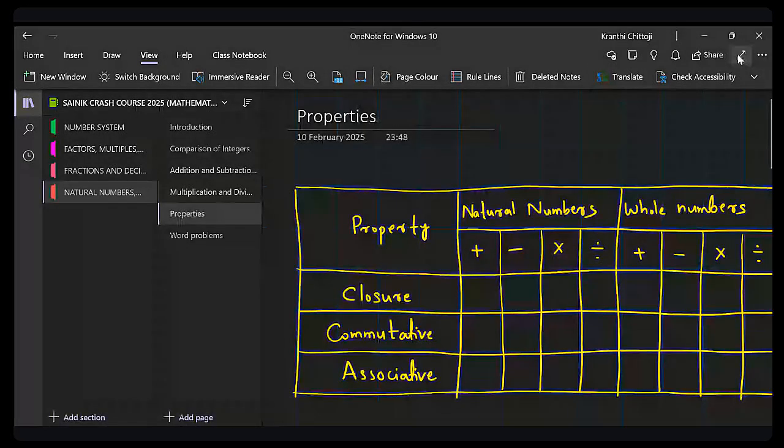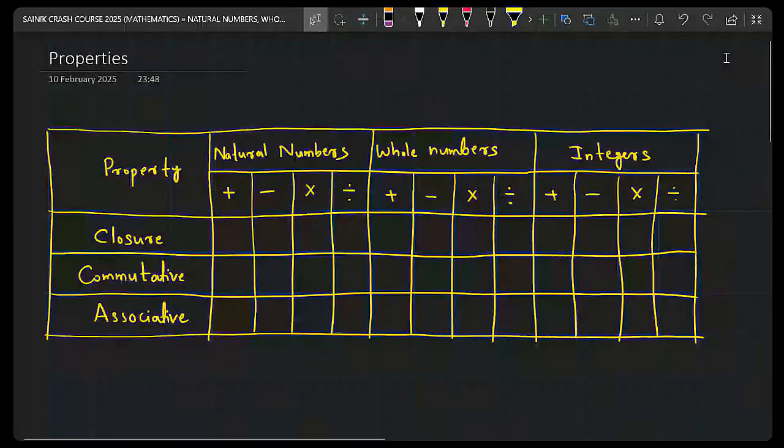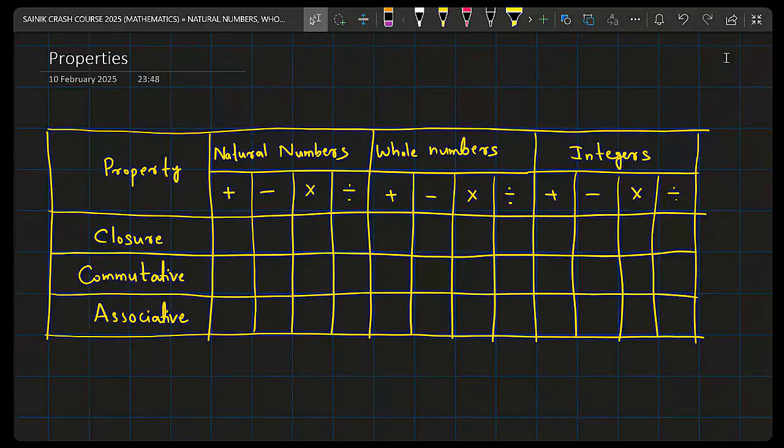Next, we are going to discuss some important properties of natural numbers, whole numbers, and integers. On the left side, I'm going to write the property name, and on the right side, the operations and which type of numbers satisfy which operations. First, closure property.